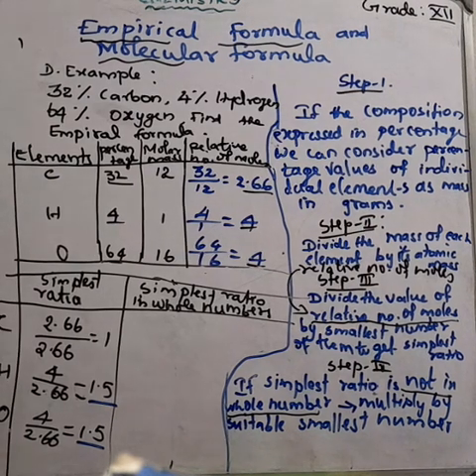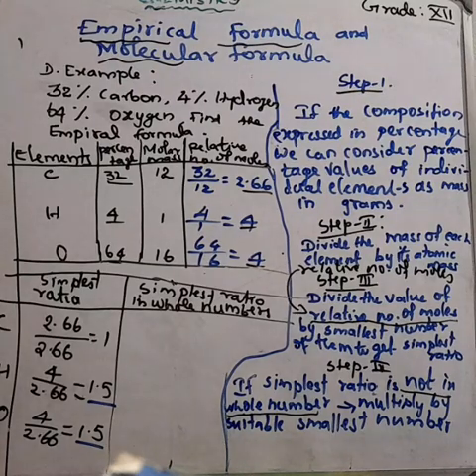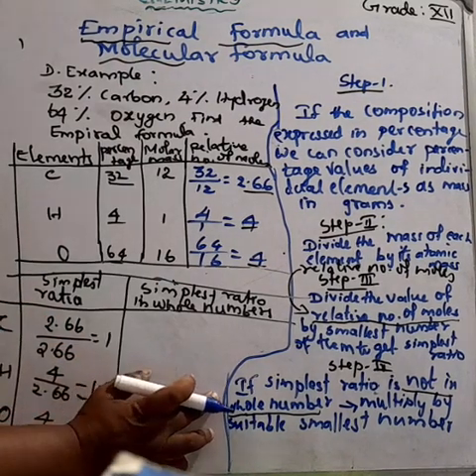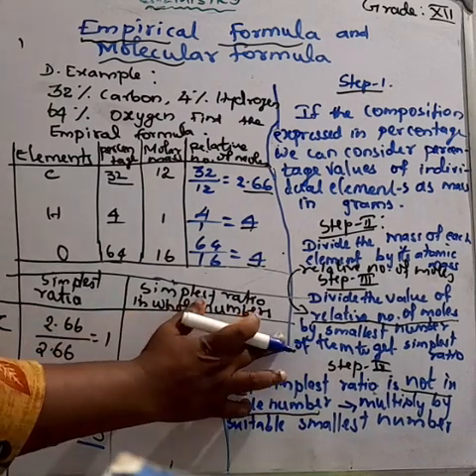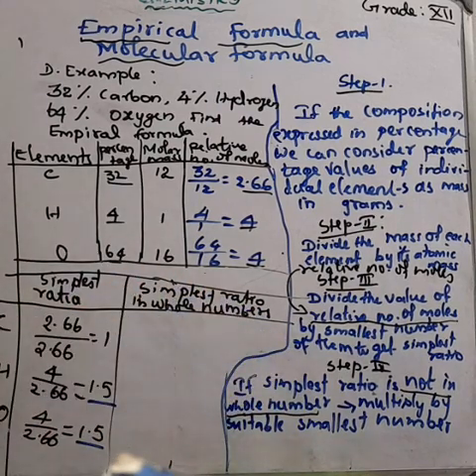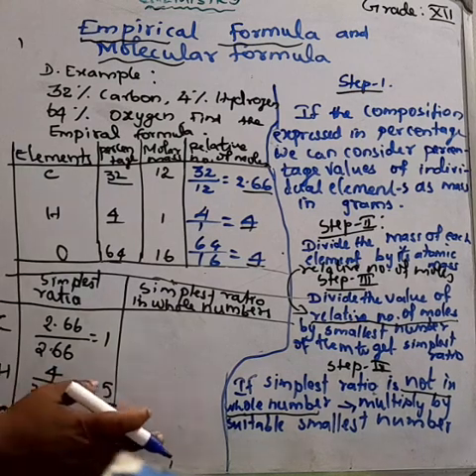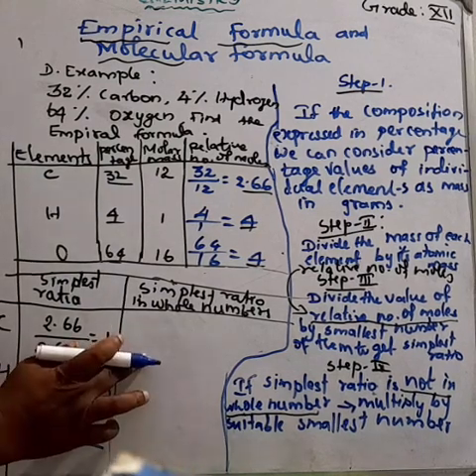According to step 4, in case the simplest ratio obtained in step 3 is not whole numbers, then they may be converted into whole numbers by multiplying by a suitable smallest number.